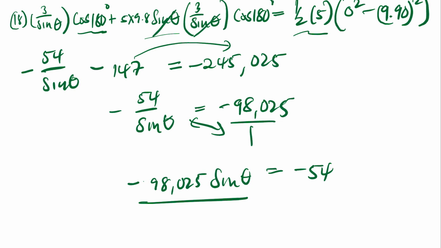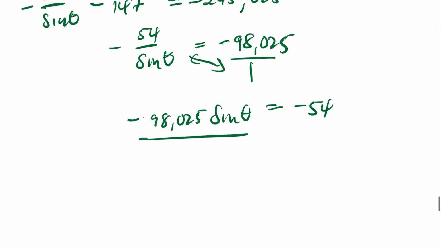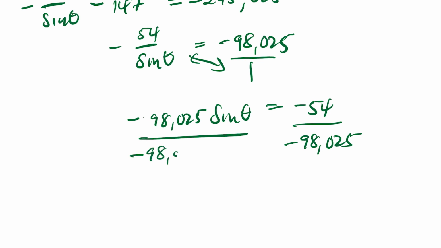So we'll say negative 54 divided by the answer, which is 98.025. So we divide by 98.025 both sides.